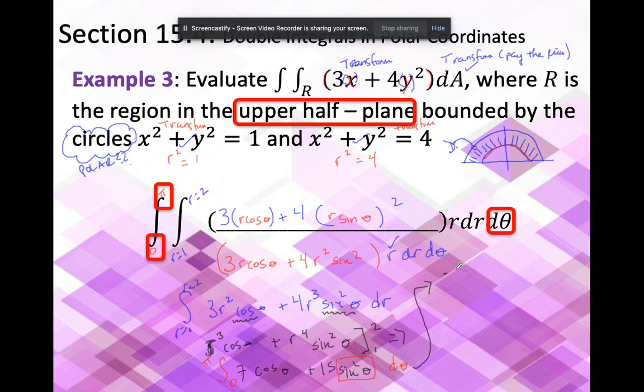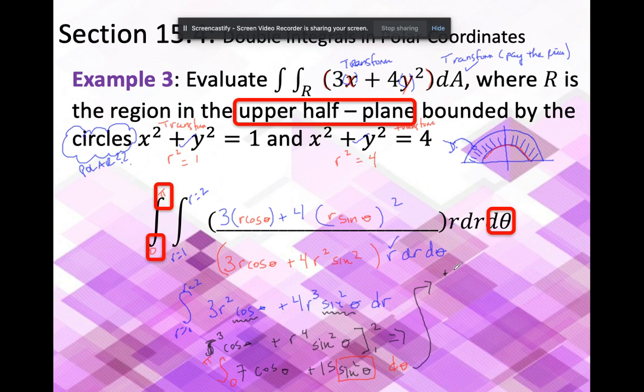So when I ended up integrating the cosine, of course, I got negative. I'm sorry, positive.